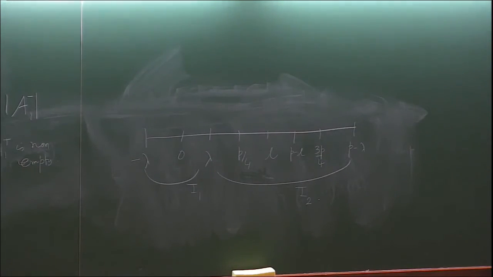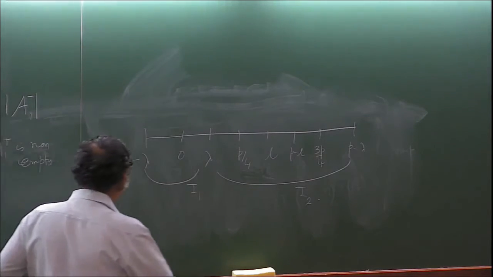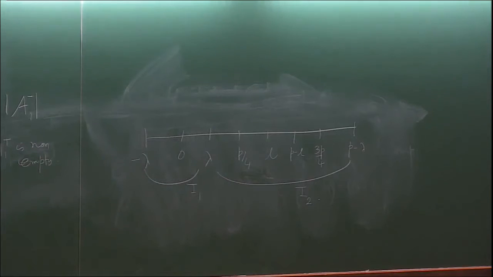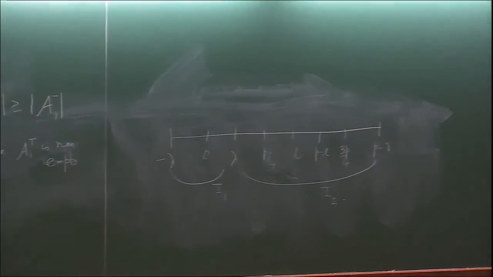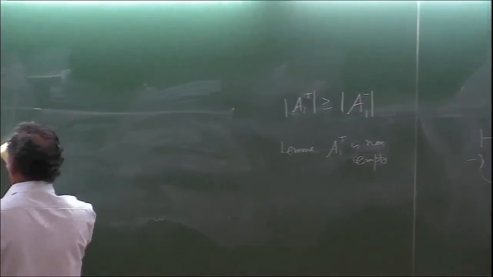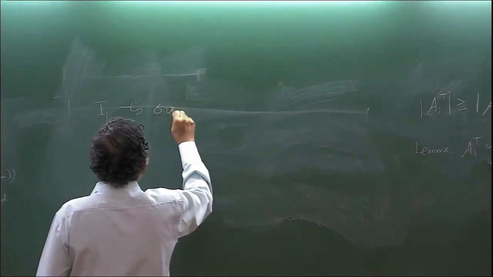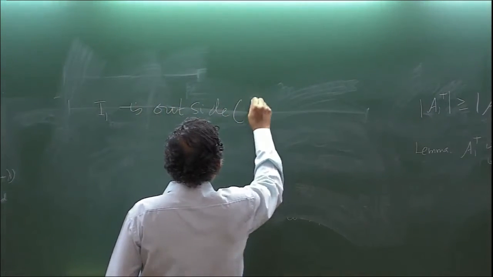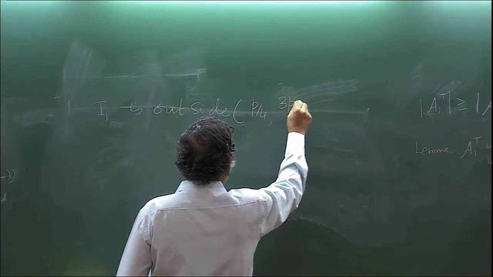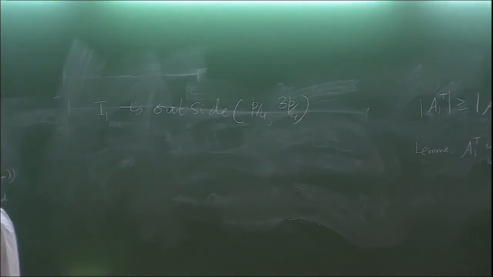Now let's see how many elements are there in I1. Let me make the statements clearly. I1 is outside P by 4, 3P by 4, because P by 4, 3P by 4 is included in the I2, and therefore I1 is outside P by 4 to 3P by 4.